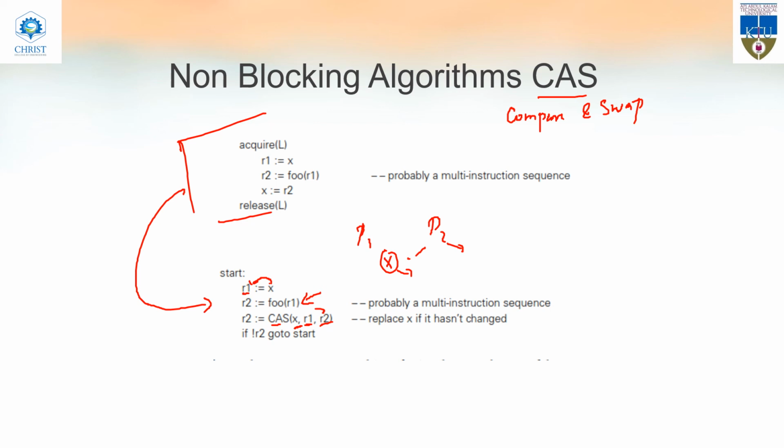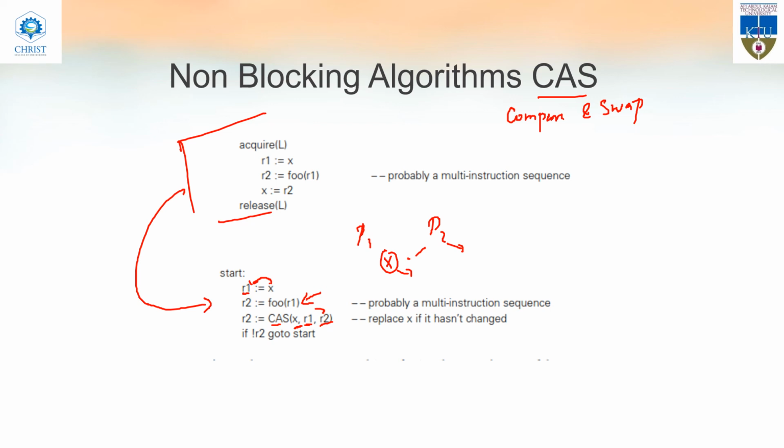The return value is R2, so P2 has to write or replace the value of x with R2. Only if the current value of x and the previous value of x are the same will it copy the new value to x. I hope it is clear.